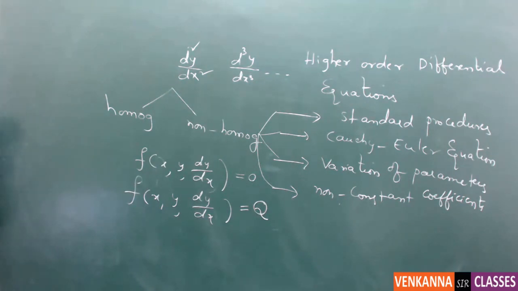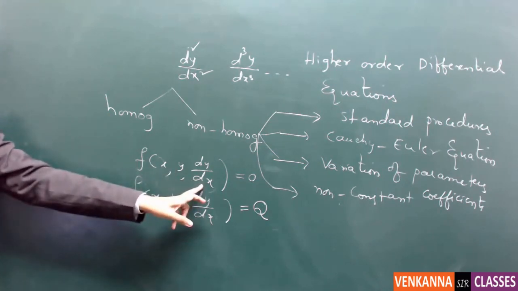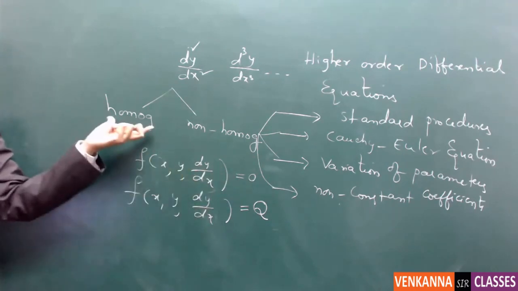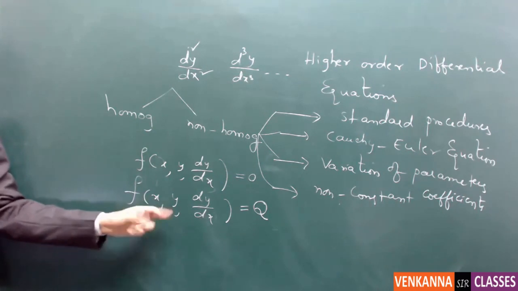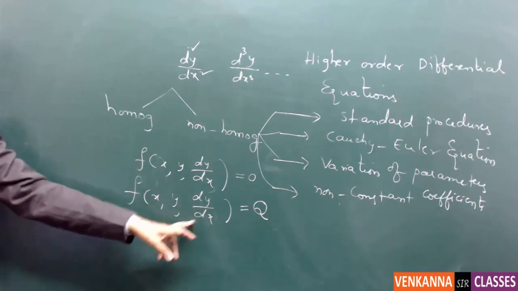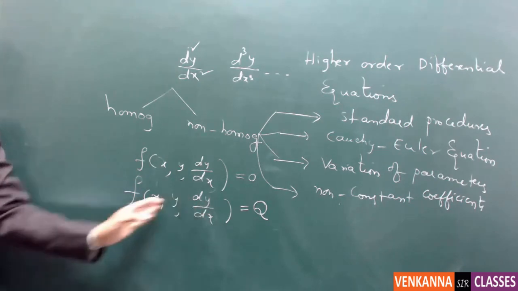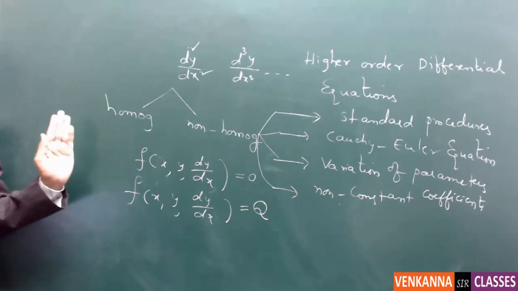So whenever an equation is involving the terms coming under x, y, and the differentials, with the right side equal to 0, it is called a homogeneous equation. And an equation involving x, y, differentials, and on the right side you have some function of x is called a non-homogeneous one. I think the definition is known to you all earlier.